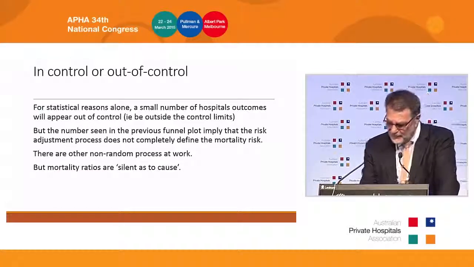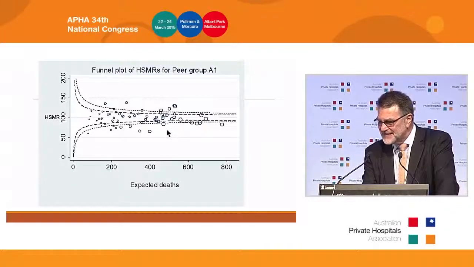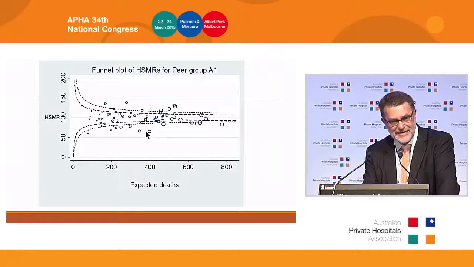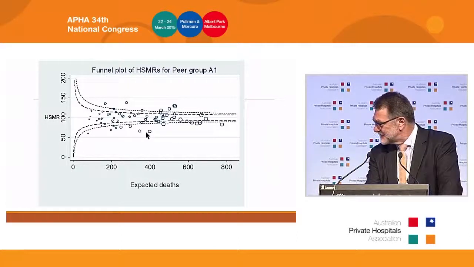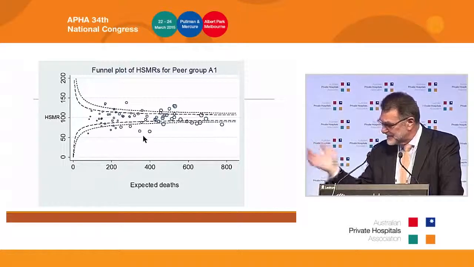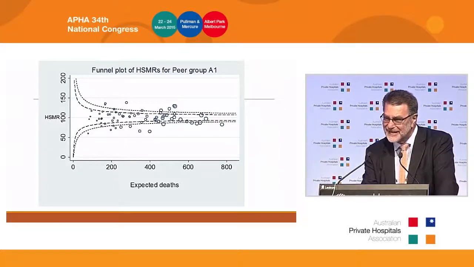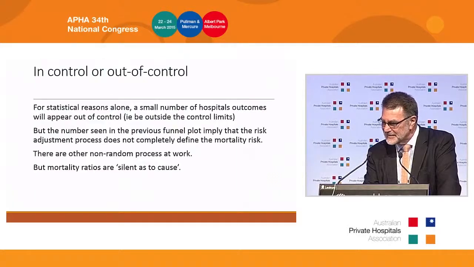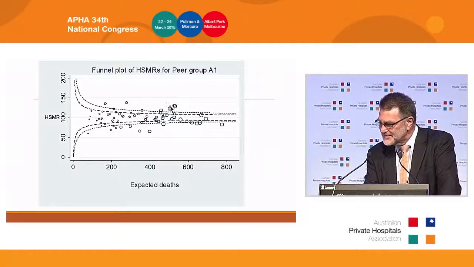But a plot like this does not tell us why an institution has an excess mortality. It merely tells us that it does. For those kinds of things, we need the more detailed analysis of the kind that Chris is talking about. But what we do know when we look at this is that the number of institutions whose results are excessive is greater than we would expect if chance alone was at play here.